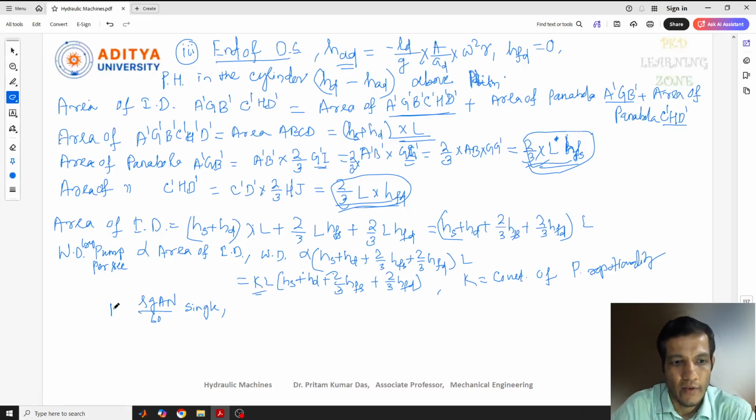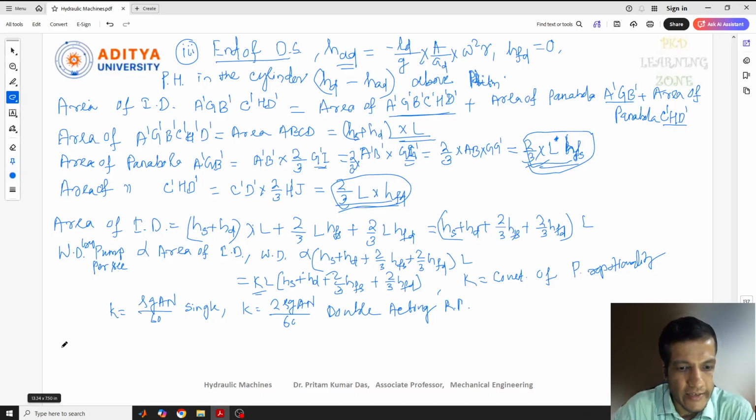The K value we have taken for the single acting reciprocating pump is this, and for the double acting reciprocating pump the K value will be 2 rho GAN by 60.